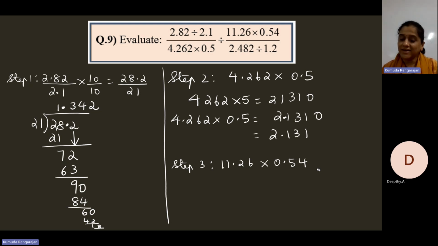Multiply 1126 into 54. And in the product, how many decimal places? 1, 2, 3, 4. So in the answer you must place a decimal point so that after that there are 4 digits. 6.0804. Correct. Yeah, very good.